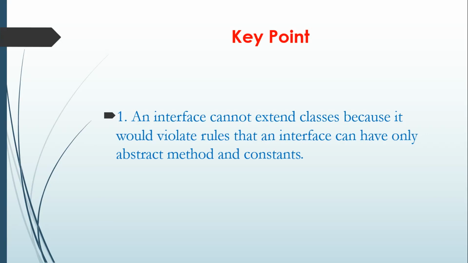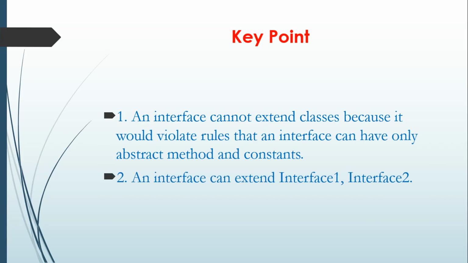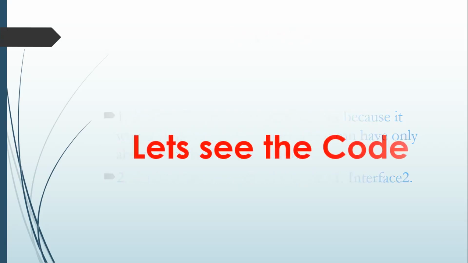So we cannot extend classes because it violates the rules of an interface. An interface can extend interface 1 and interface 2. It can extend two interfaces as well, comma separated. So let's see an example of how we can extend an interface in our program.